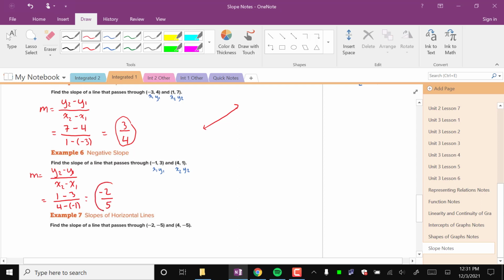So the slope of this line is going to be -2/5. If I was to see this on a graph, from left to right, the slope would be coming down. Think about negative numbers being low, so the slope is coming down.